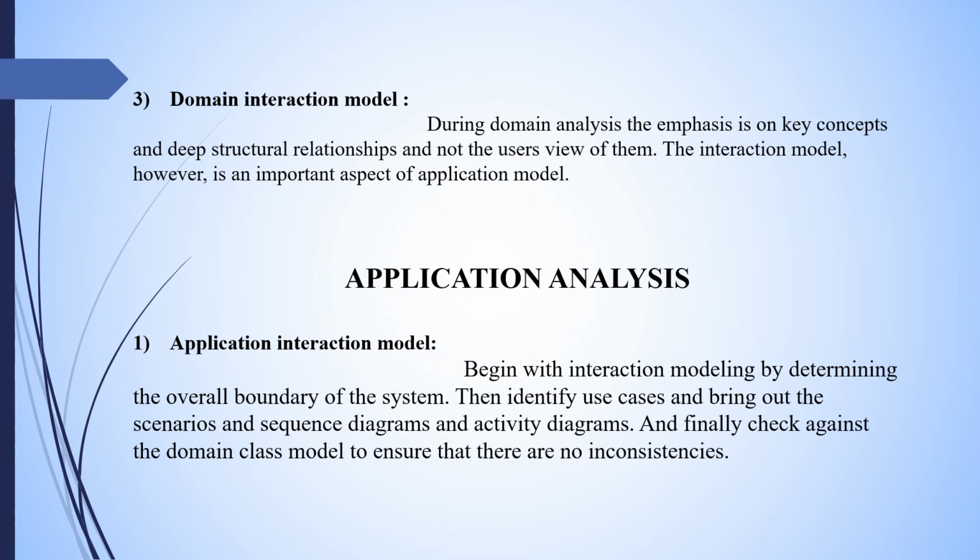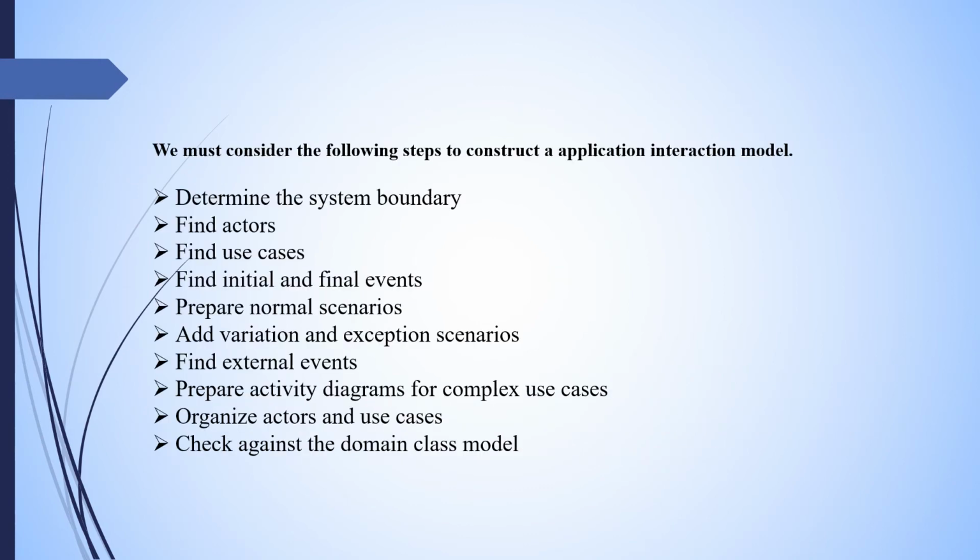To begin with the interaction model by determining the overall boundary of the system, then identify use cases and bring out the scenarios and sequence diagrams and activity diagrams, and finally check against the domain classes model to ensure that there are no inconsistencies. We must consider the following steps to construct an application interaction model.